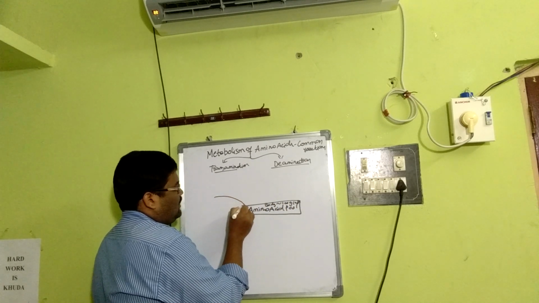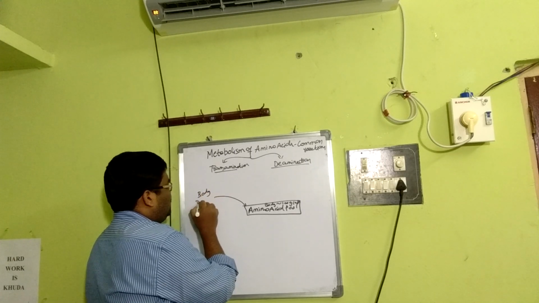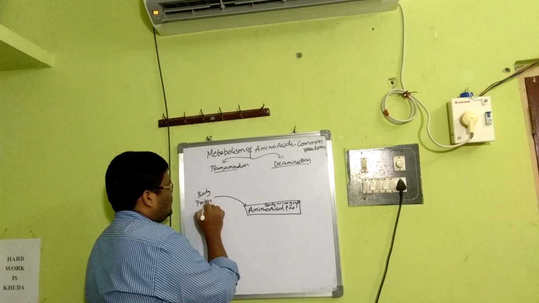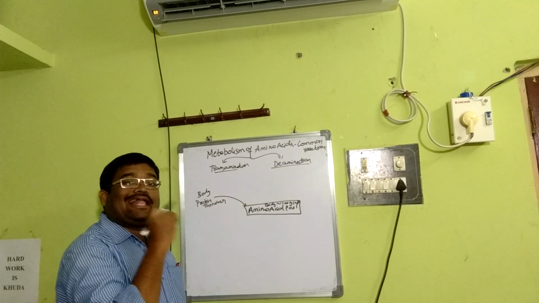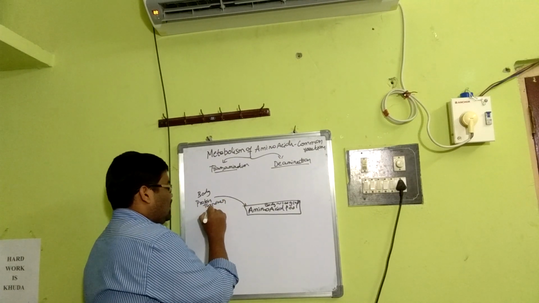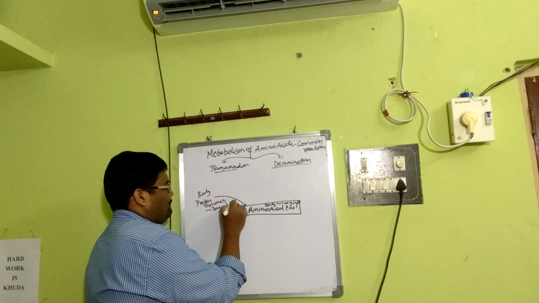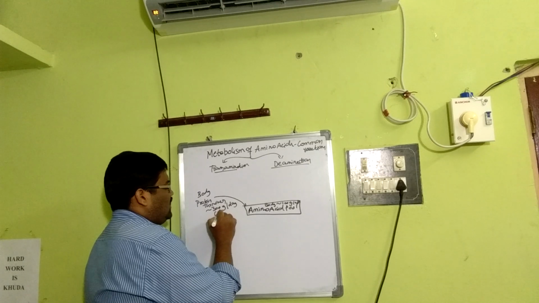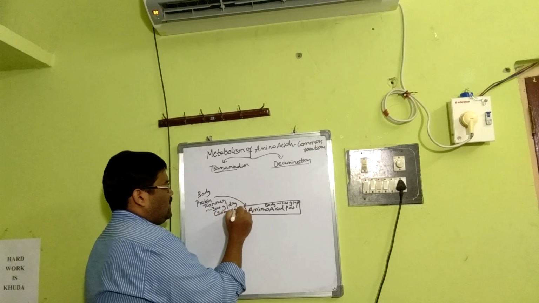Body protein turnover is around 300 grams per day in an adult, more specifically 300 to 400 grams per day.